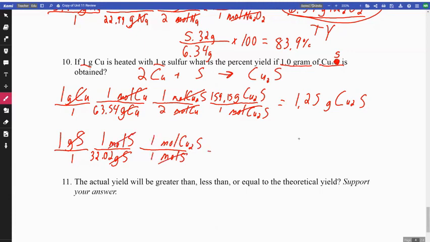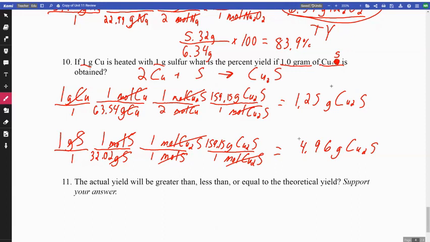Moles sulfur cancel out. Moles Cu2S, grams Cu2S, 159.15. Moles cancel out. We're left with grams, and we get 4.96 grams Cu2S.